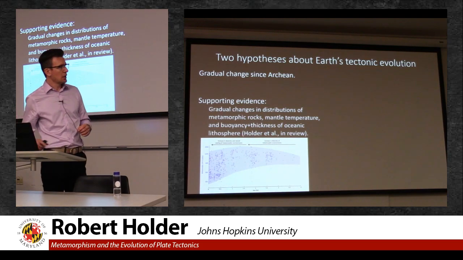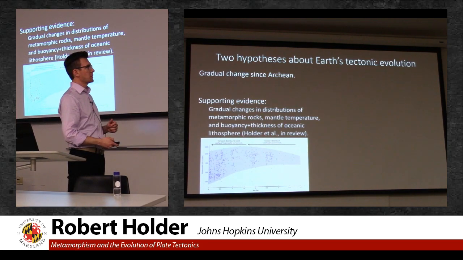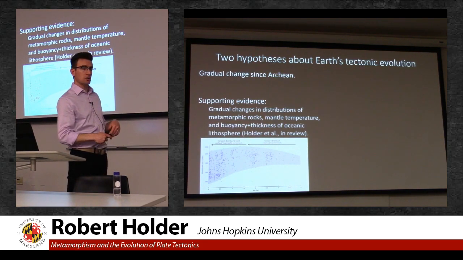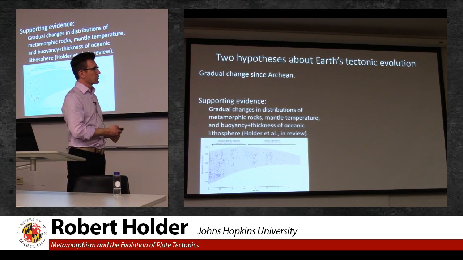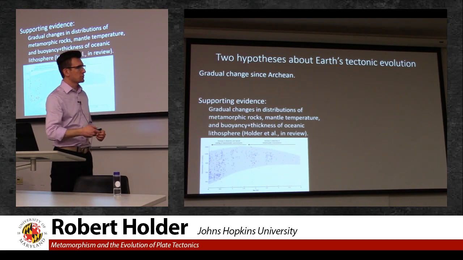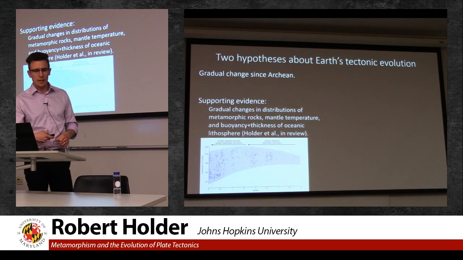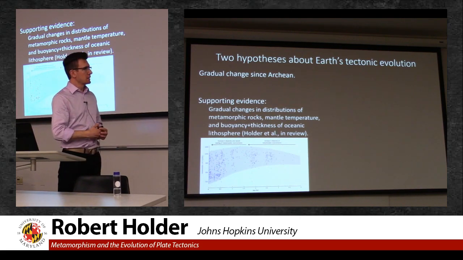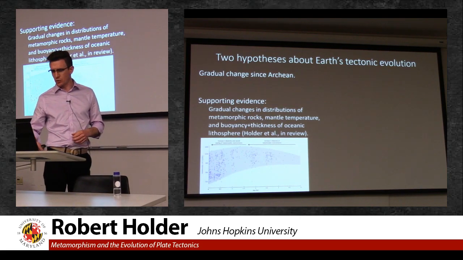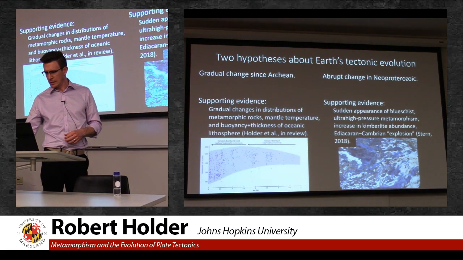And so with this, we can put up these two hypotheses side by side. A hypothesis of continuous and gradual change since the Archean that I've suggested here, where there are gradual changes in the distributions of metamorphic rocks through time that are coupled to changes in the mantle potential temperature and maybe related through that to changes in the thickness and buoyancy of oceanic lithosphere.